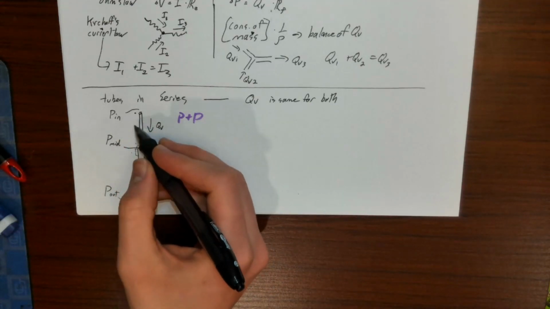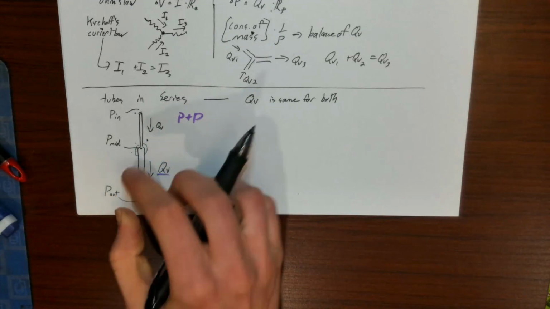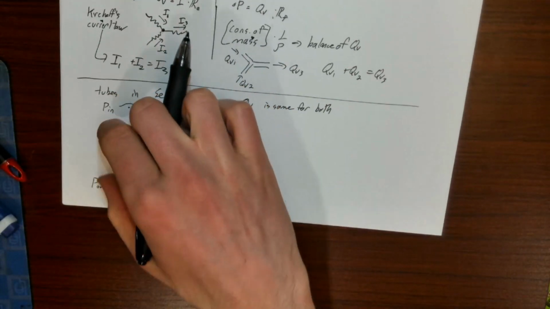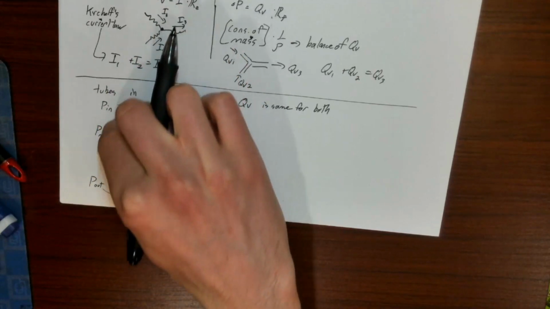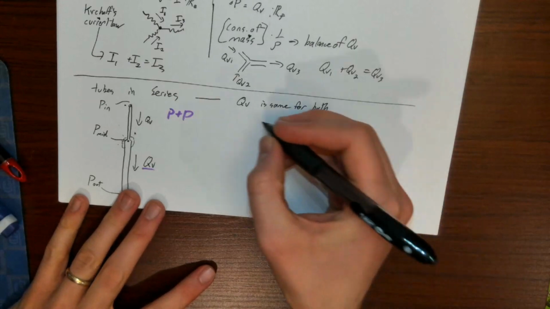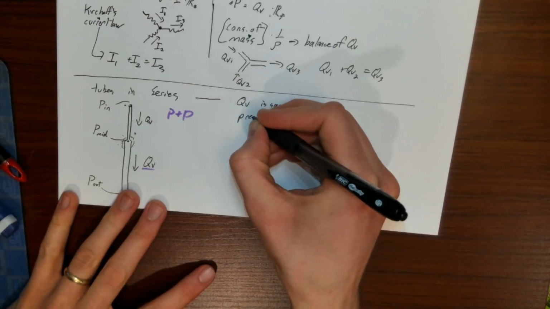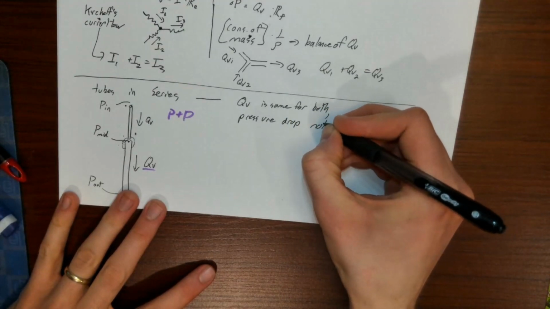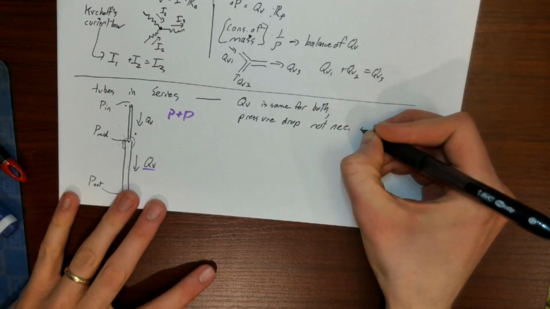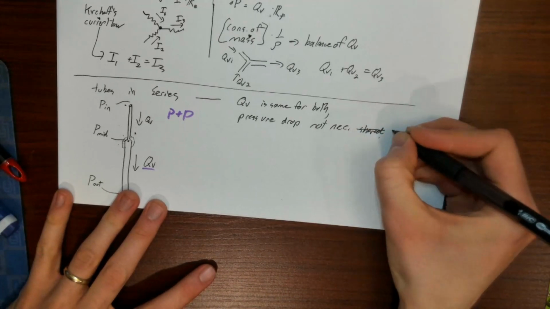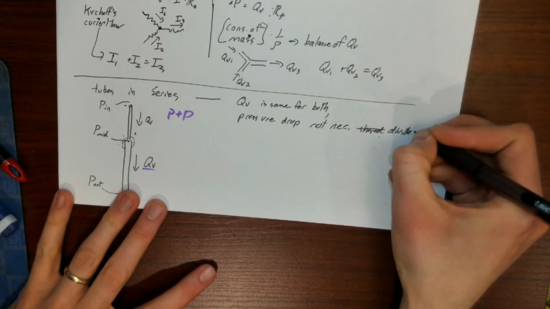The pressure drop across one and the pressure drop across the other need to sum to the pressure drop over them entirely, but the pressure isn't necessarily divided evenly. So volumetric flow rate is the same for both, but pressure drop is not necessarily shared or divided evenly.